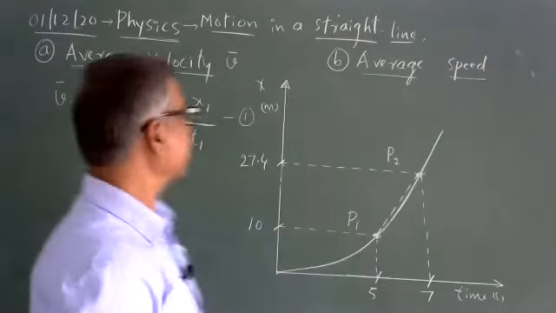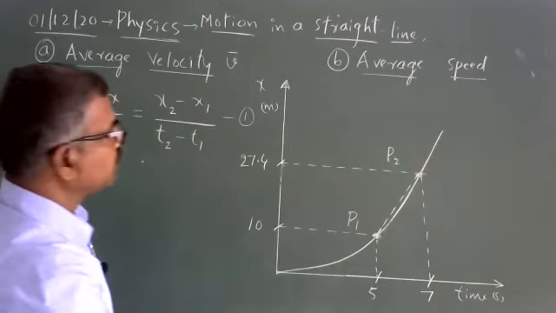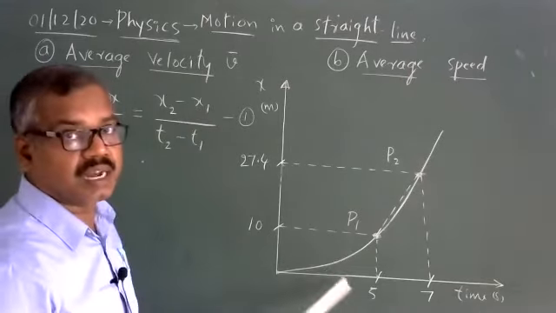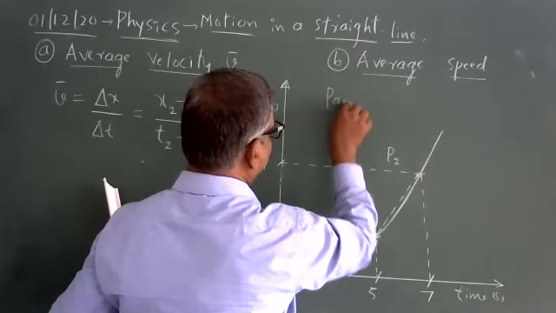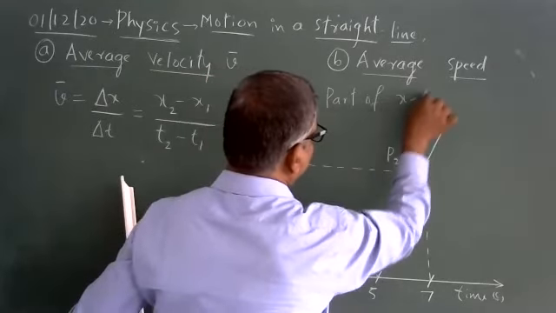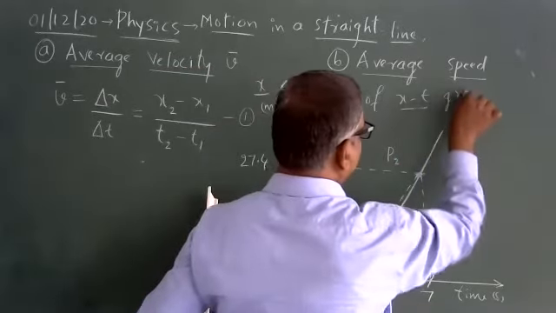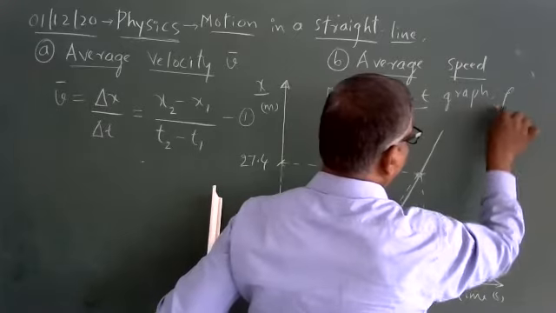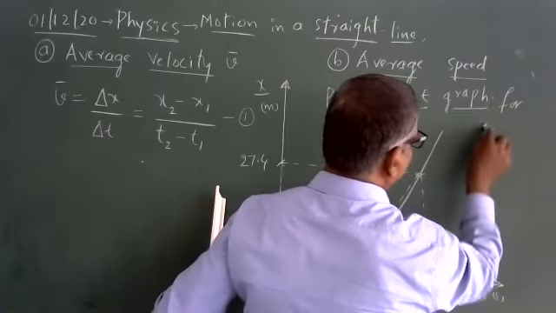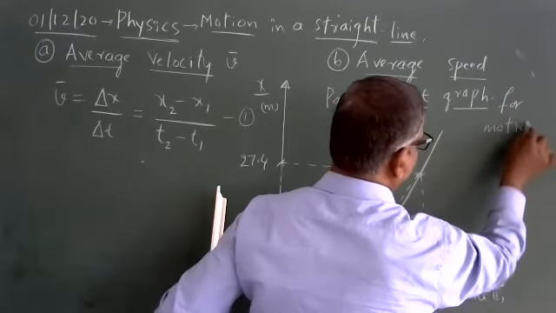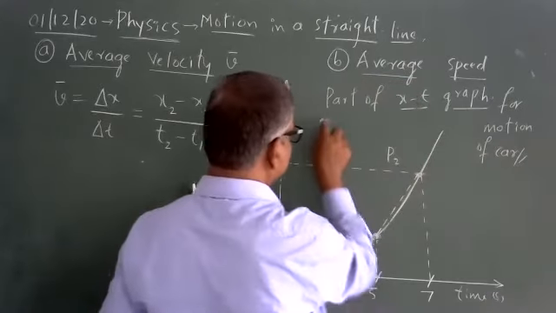Let me have a small diagram, because we want to understand what average velocity is. This is part of the motion of a car when the car speeds up. This is part of an x-t graph, where this is x and this is t, for the motion of a car where the car speeds up.